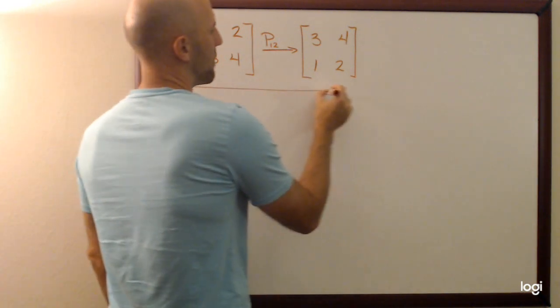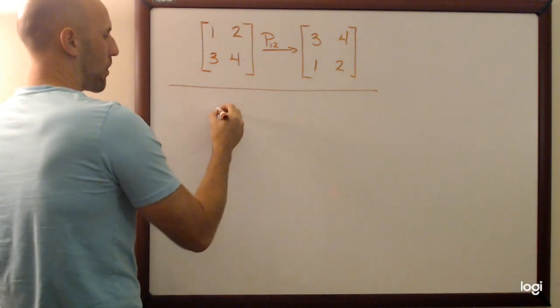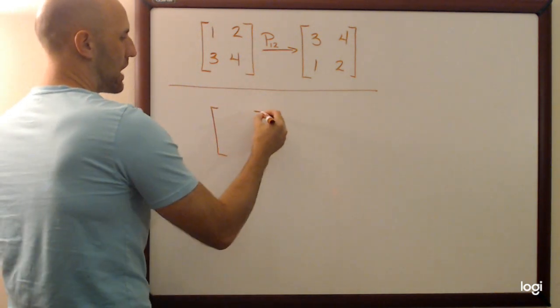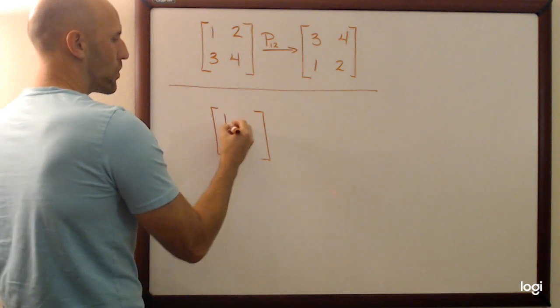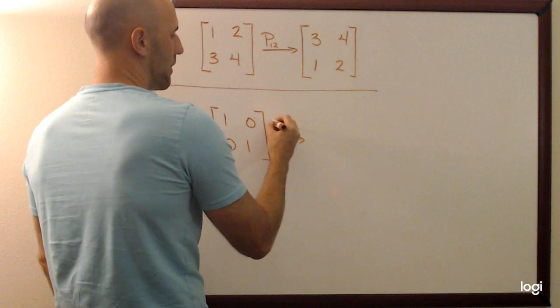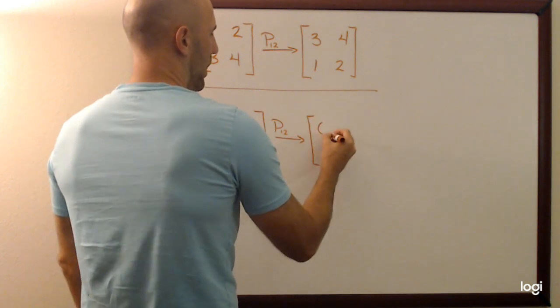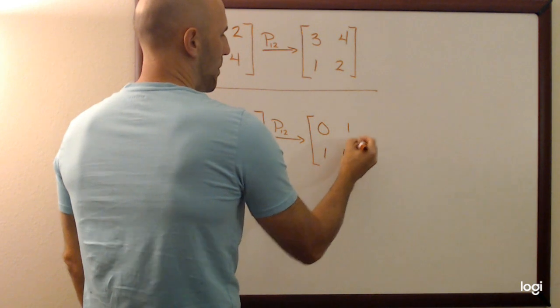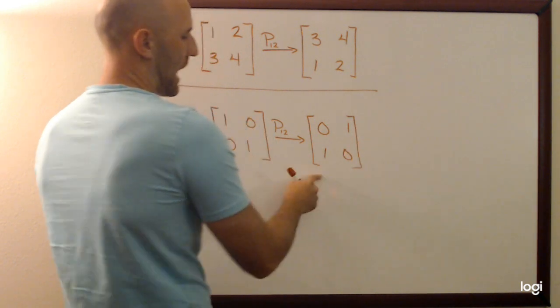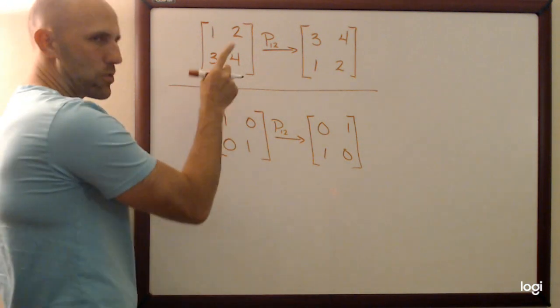Instead, let's do something else. What if I did that same elementary row operation to the identity matrix? Now this is going to create an elementary matrix, of course, because I'm obtaining it via exactly one elementary row operation. But this matrix that I get out, I'd like to multiply times this matrix here.